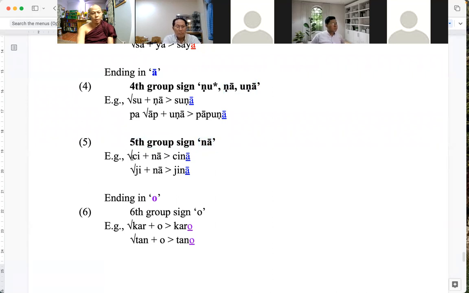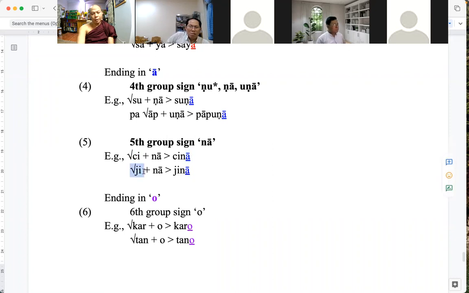So the first example, root ci. Root ci means to collect, to heap up, or to group. So to the root ci, by adding na, we have the cinati, or cina base, ending in a.